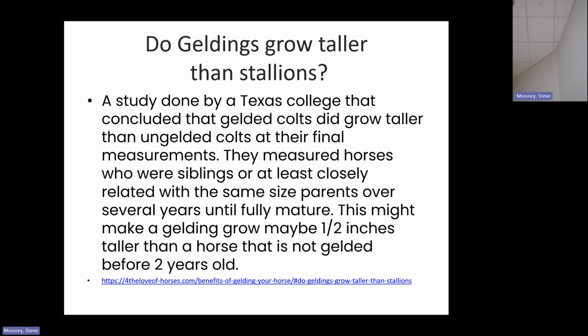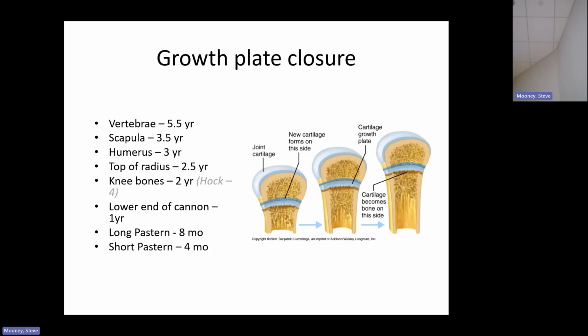So we have those on, we don't get that ossification or closure of the growth plate as soon as we would with an intact male. So we're going to have a little bit more long bone growth, a little bit taller. If we're looking at plate closures, so humerus, 3 years, we start to get in those 2-year range when you're really starting to go through puberty.